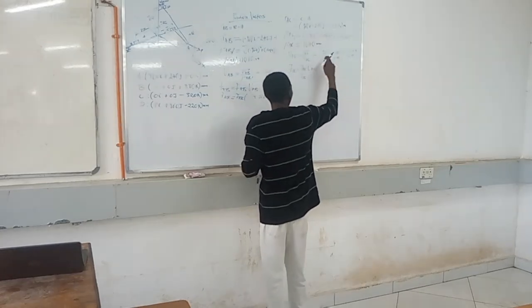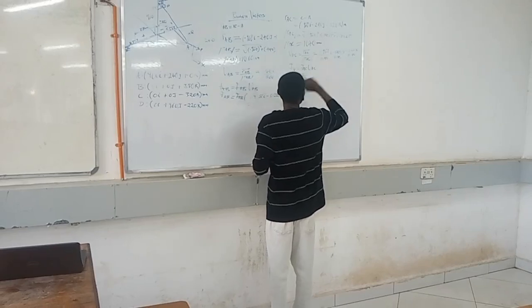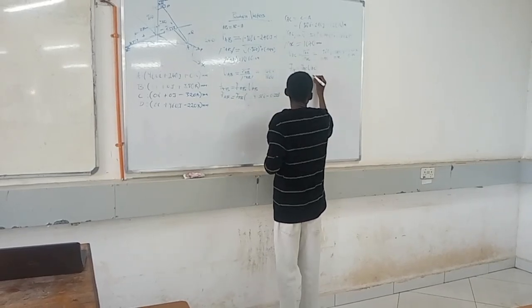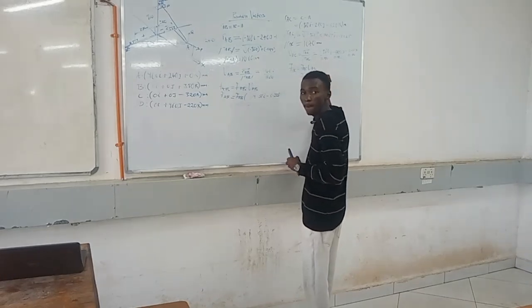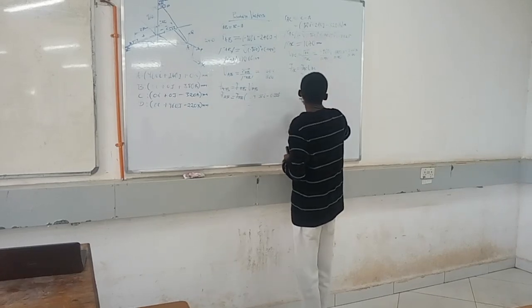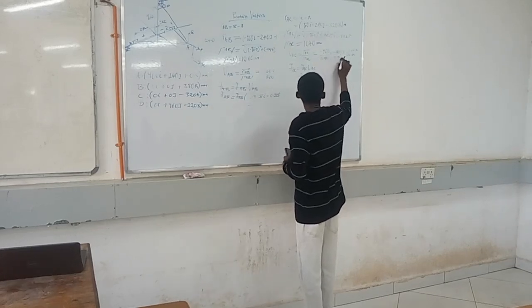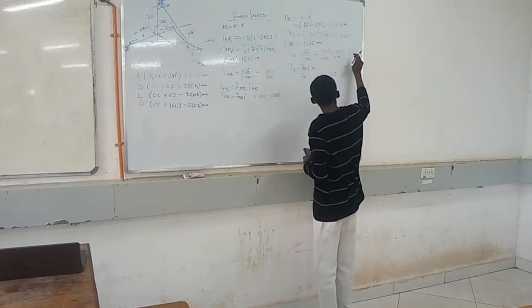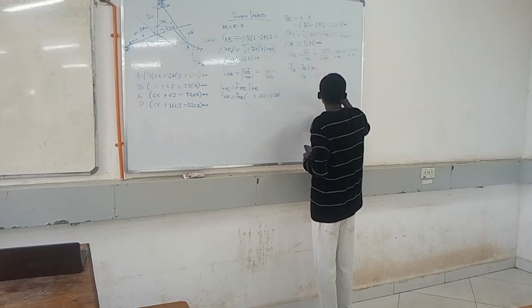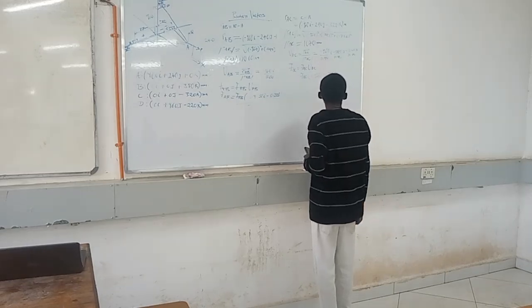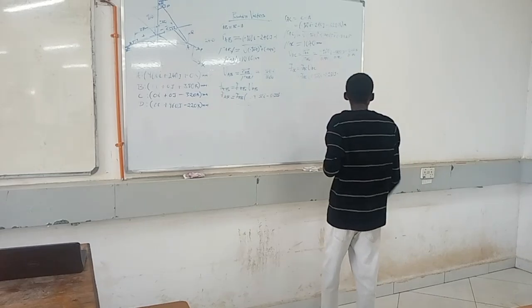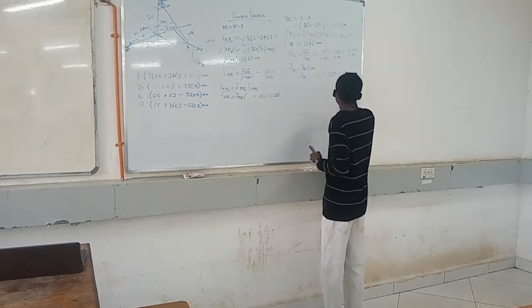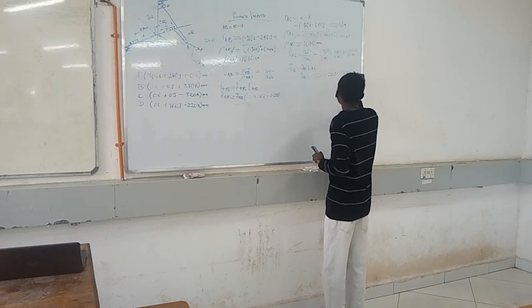Can you reduce this number for me? Negative 960 divided by 1040 is 0.923 I, minus 240 over 1040, 0.231 J, negative 320 over 1040, 0.308 K Newton.